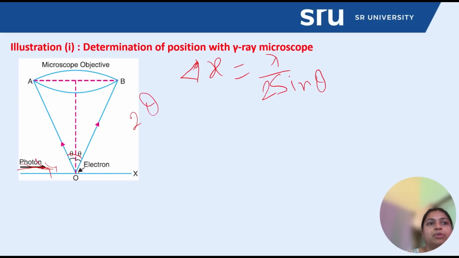So the momentum imparted by the photon to the electron during this impact is of the order of h by lambda.